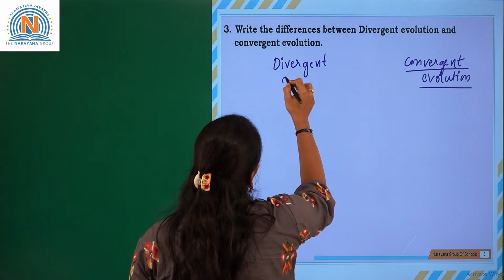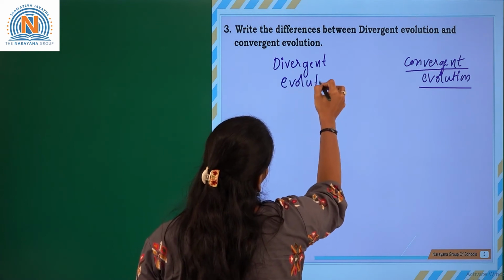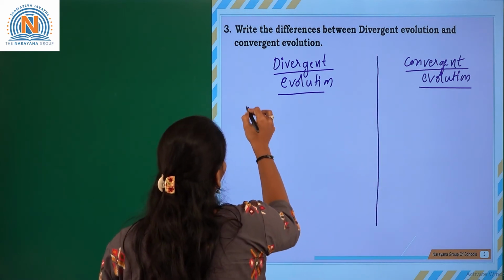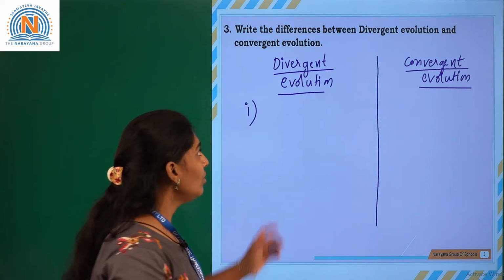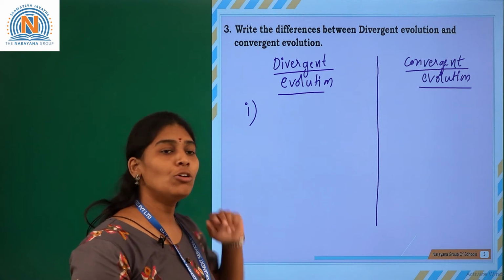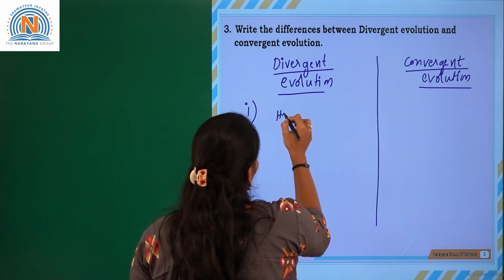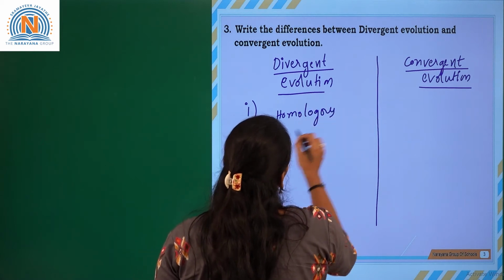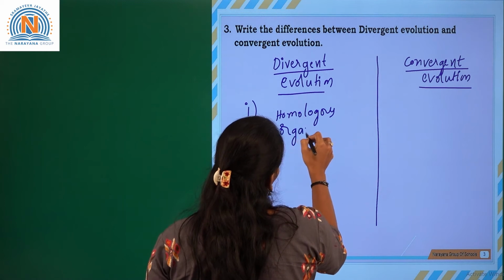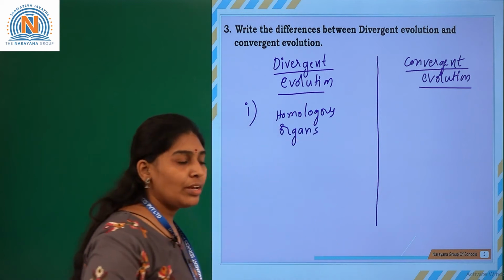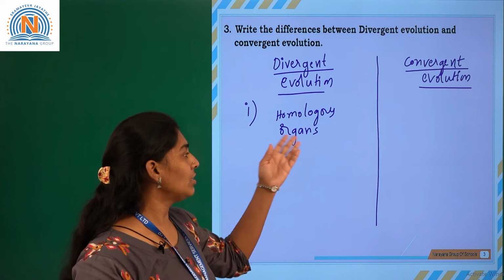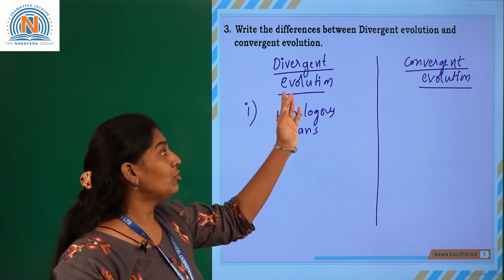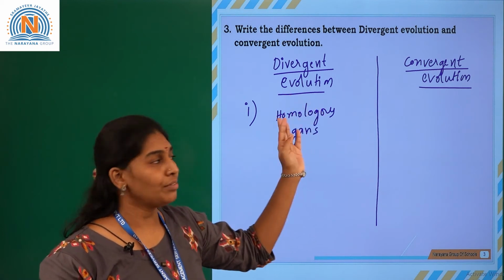First point, in divergent evolution we can see homologous organs. The organisms exhibiting these homologous organs are the evidences of that evolution, and that kind of evolution is called divergent evolution.